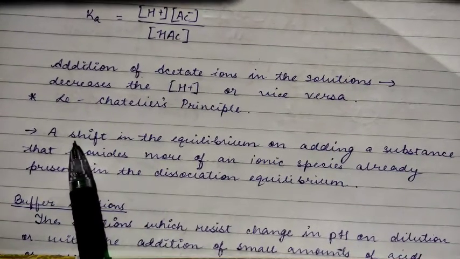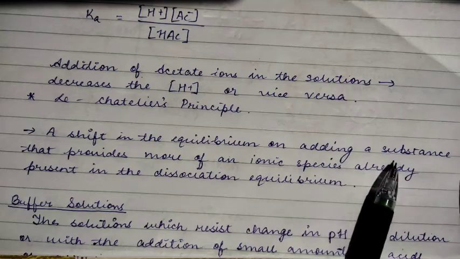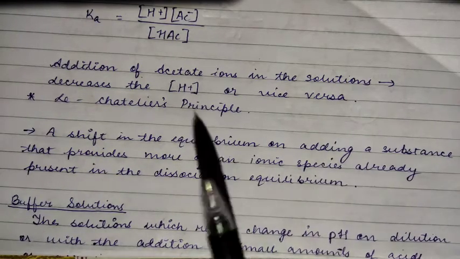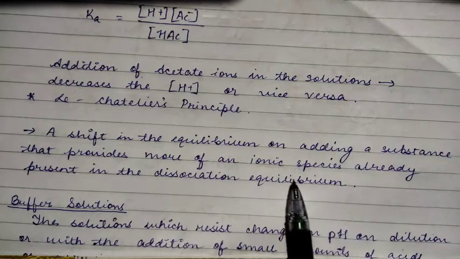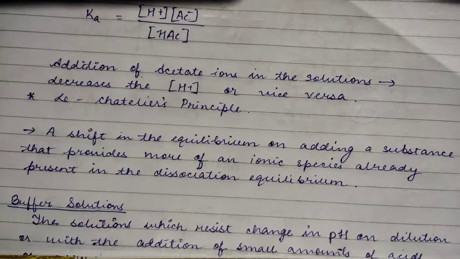The definition again, let us see: a shift in the equilibrium on adding a substance that provides more of an ionic species already present in the dissociation equilibrium. It means there will be a change in the equilibrium on adding a substance that is already present.